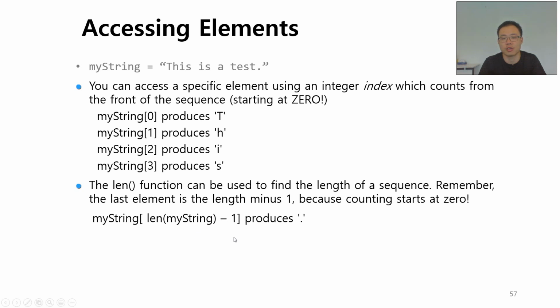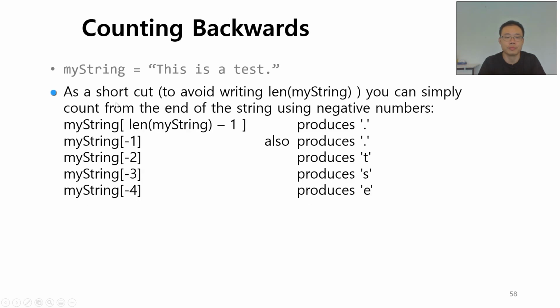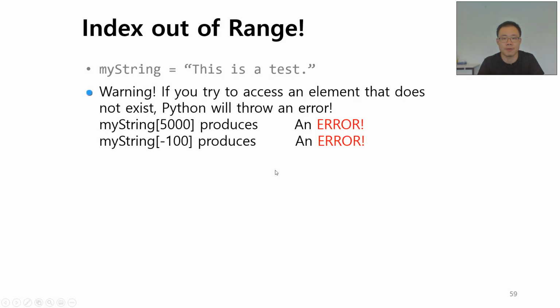That is to just use minus 1. You see, my string minus 1 also produces a period. Then my string minus 2 produces the second last element, which is the one before the period, that is a T. And index minus 3 will give you the S, and index minus 4 will give you the E.